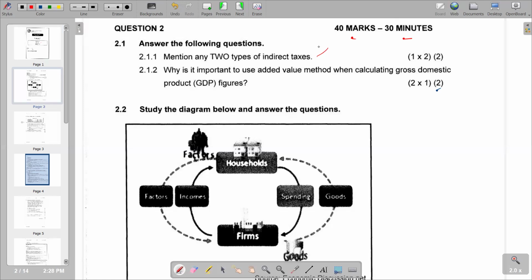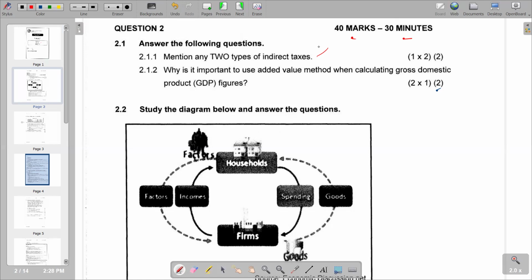And we know that when we're talking about indirect taxes, these are taxes that are levied upon goods and services before they reach the customer. Remember, the customer is the one who is directed to be charged the tax, but this tax is charged before the customers get the goods.